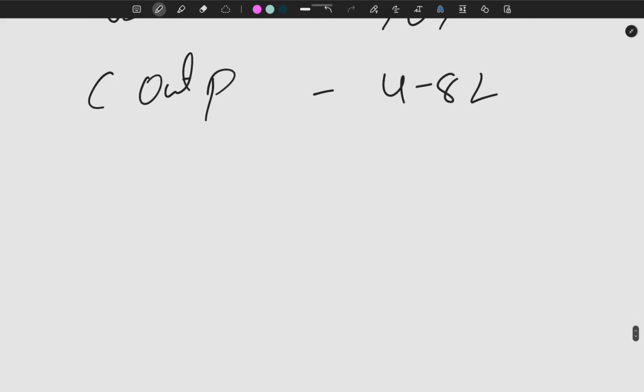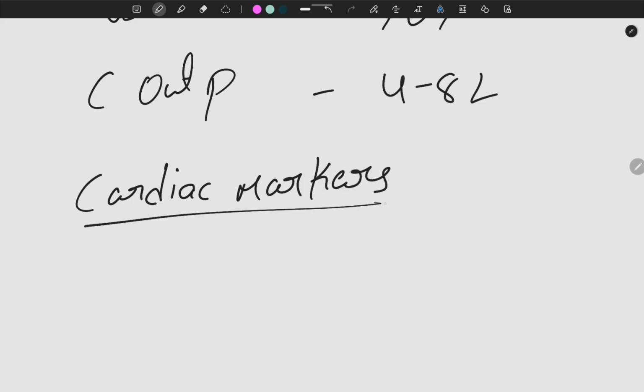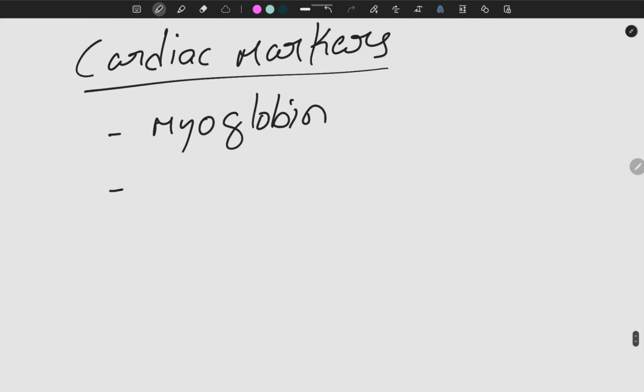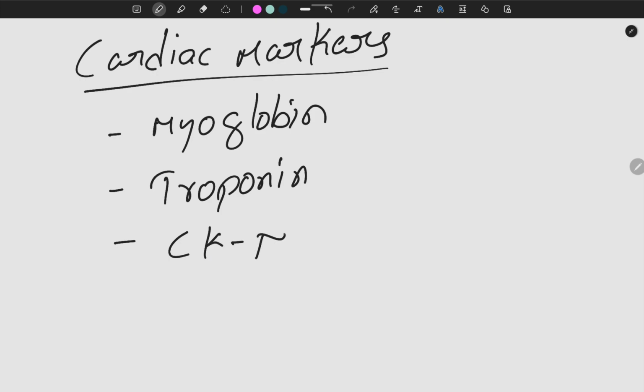So the next important thing is the cardiac markers. Mainly cardiac markers are myoglobin, troponin and CKMB.